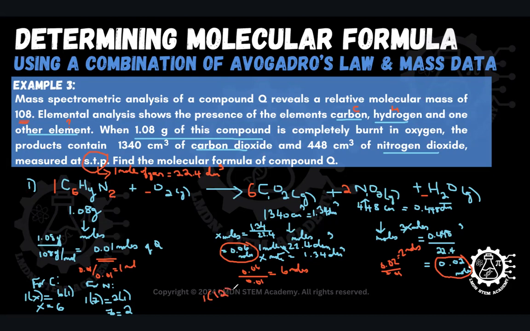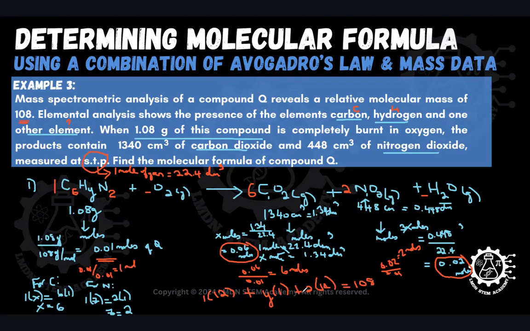So we do 1 times 12 for the carbon, plus Y, which we don't know, times the mass of hydrogen, which is 1, plus 2 times the mass of nitrogen, which is 14. All of that has to add up to 108, because that's literally what a relative molecular mass is. It's the sum of all of the relative atomic masses in the proportions that they're present.